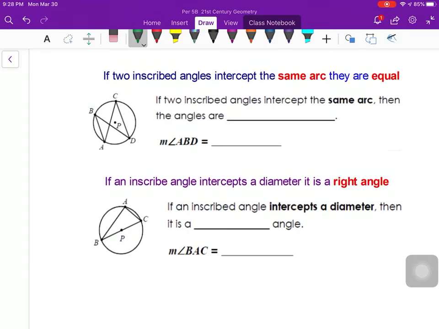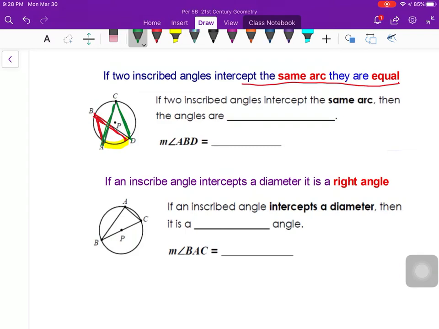Okay, a few more things. If we have two inscribed angles that intercept the same arc, then they have to be equal to each other. So, for example, when we look here, here is the angle ABD. The arc that it intercepts is this arc out here.